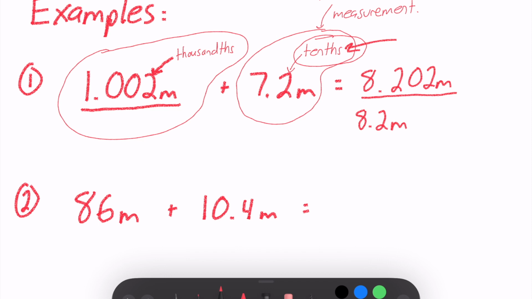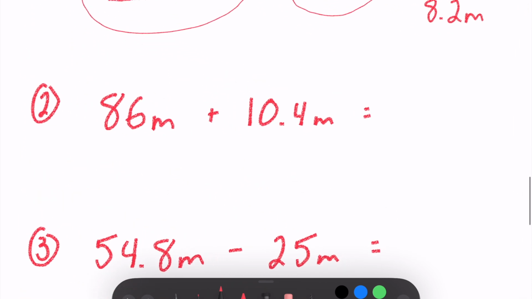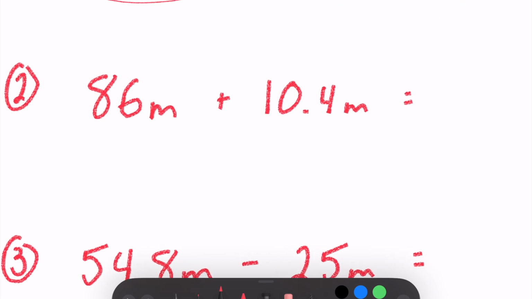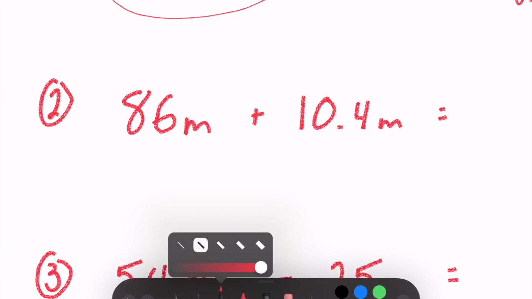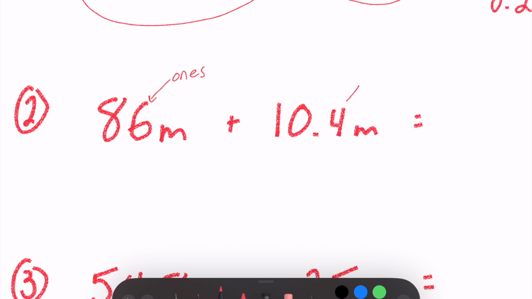Let's take a look at number 2. We have a measurement of 86 meters, being added to a measurement of 10.4 meters. Let's see what we are accurate to. For 86 meters, we are accurate to the ones spot. On 10.4 meters, we are accurate to the tenths position.